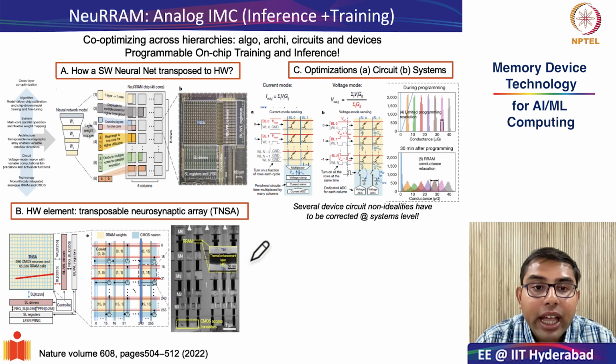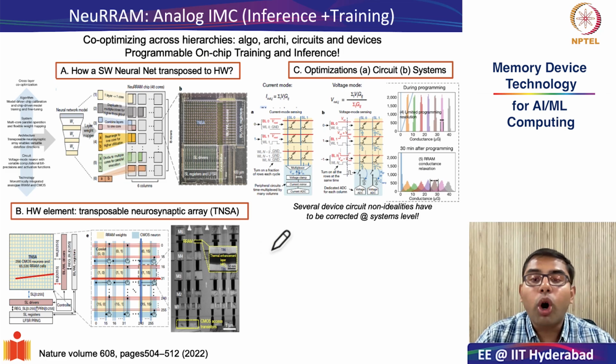As we can see in the diagram, the authors have done a series of co-optimizations both at circuit and system level. NeuRAM uses carefully designed peripheral circuitry such as current mode and voltage mode sensing with adaptive reference levels and controlled programming pulses. All of this is done to do what?